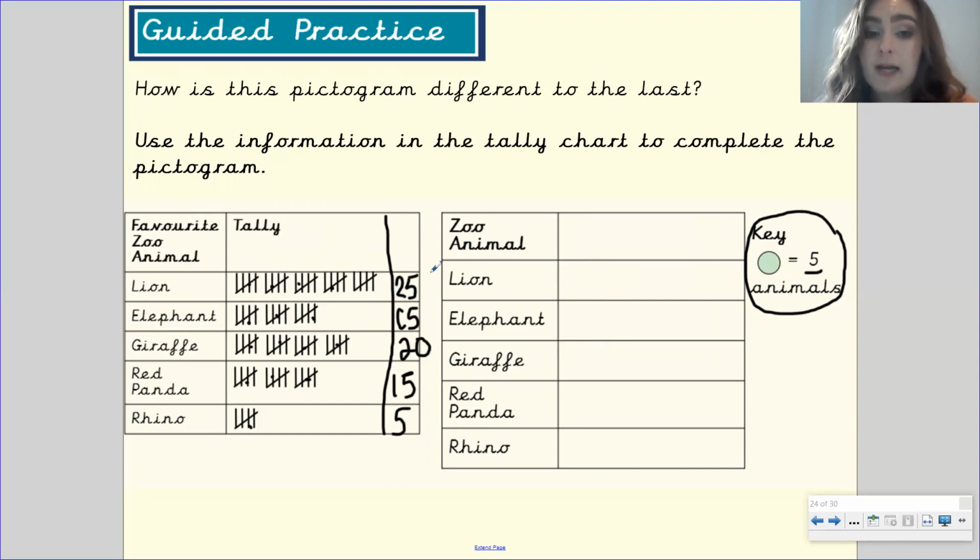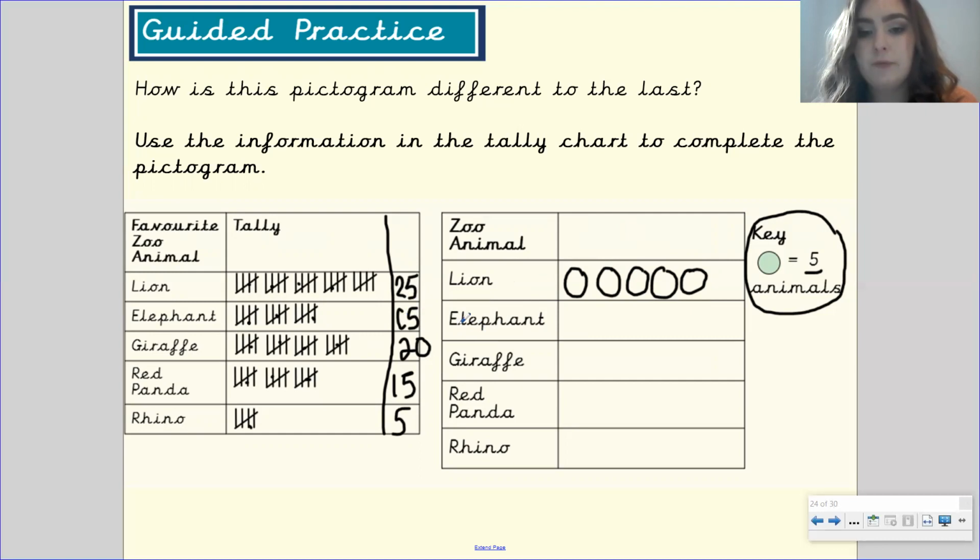We're going to have to divide whatever number is in the total by 5. So if we've got 25 here, 5, 10, 15, 20, 25. So 25 divided by 5 is 5. So I'm going to draw 5 circles. 1, 2, 3, 4, 5.